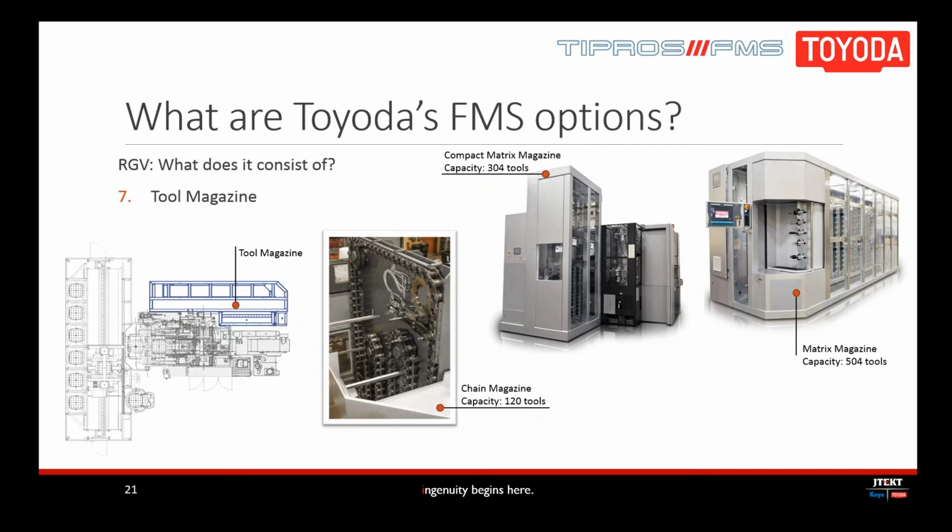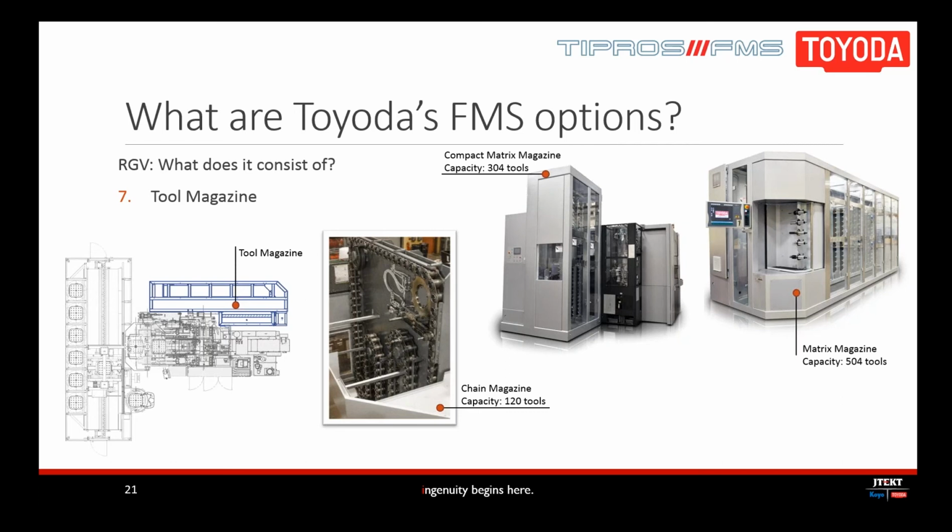All machines come standard with a tool magazine, but some customers will include an option called a matrix magazine to the cell. When customers decide to automate production, it's typically because they have many part numbers they want to run in their cell. For lights out operation, you would need backup tooling for this type of production.